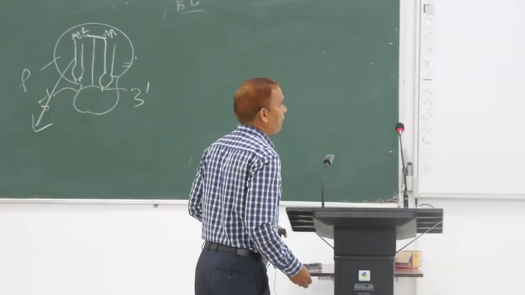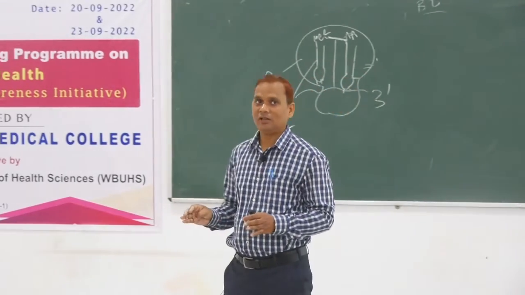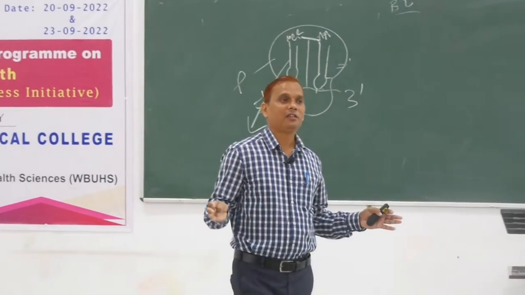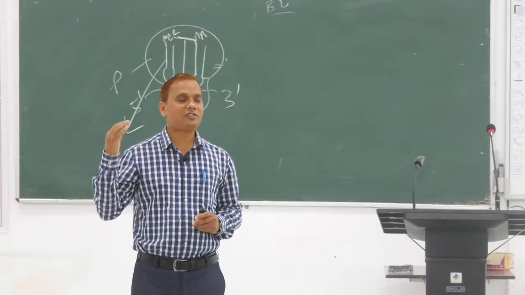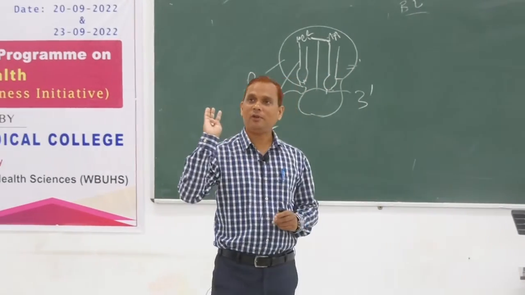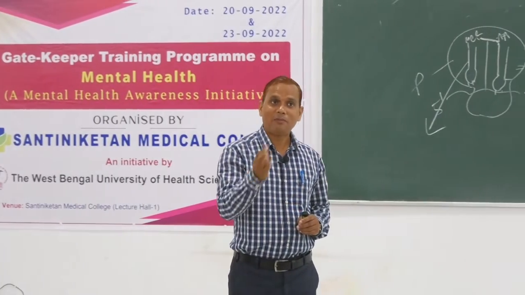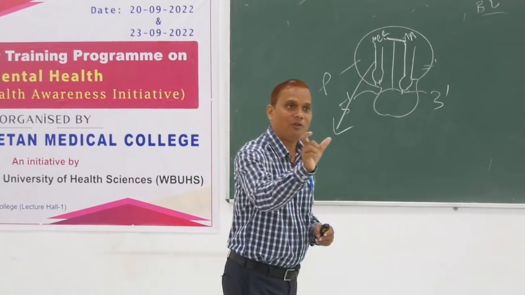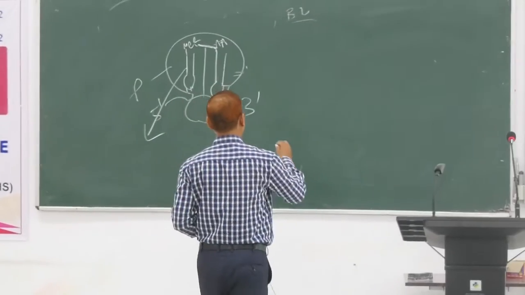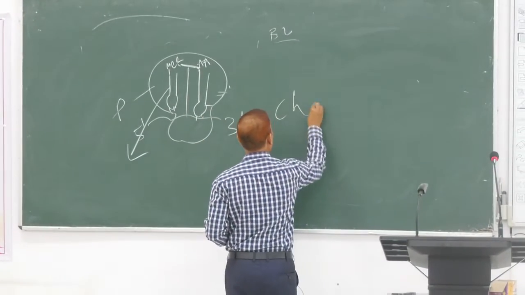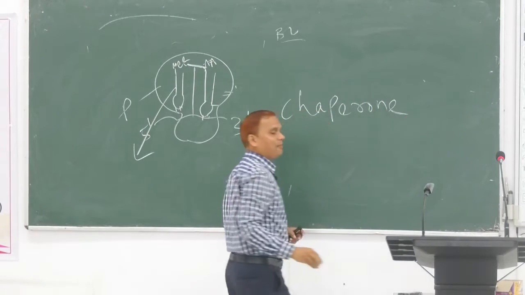Protein folding means the protein goes to a three-dimensional structure. Or we can say the quaternary or tertiary structure has to be attained. Then only it will work properly. For that folding, one protein helps, that is chaperone proteins.